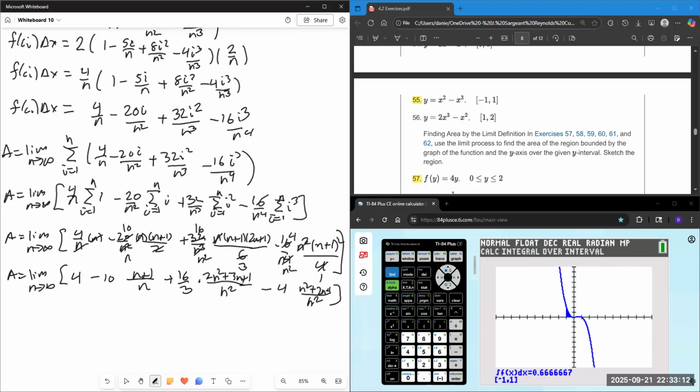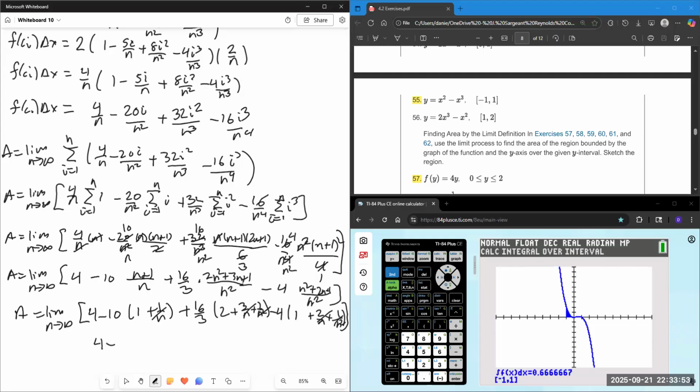So this is A is limit as n goes to infinity of 4 minus 10 times 1 plus 1 over n plus 16 thirds times 2 plus 3 over n plus 1 over n squared minus 4 times 1 plus 2 over n plus 1 over n squared, and everything with an n in the denominator is going to 0 as n goes to infinity.